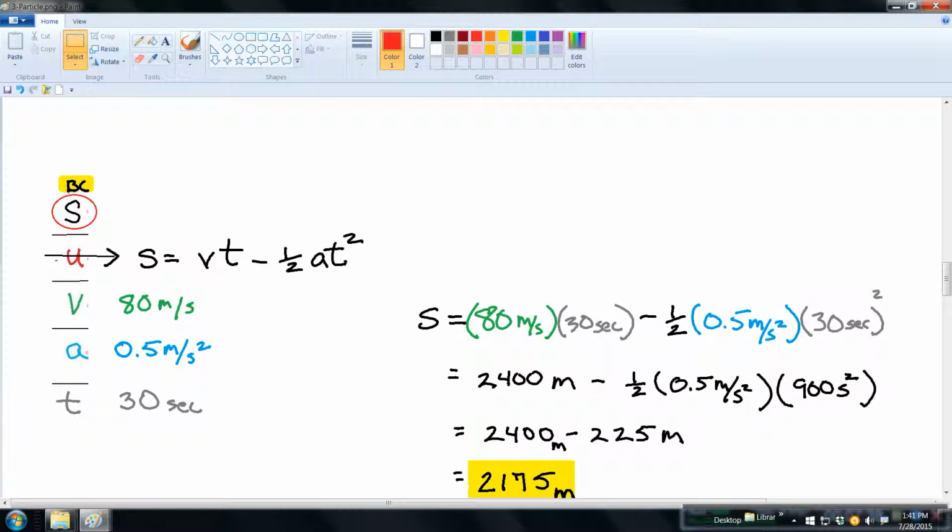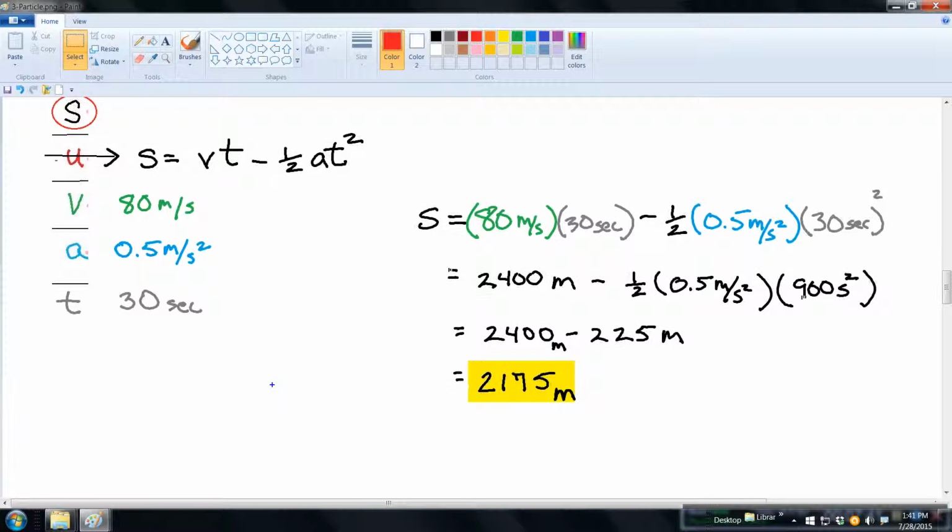So we're using the second one, and we're going to fill in the information that we have. We've got final velocity, we've got time, and we're solving this for the displacement of BC. We've got acceleration, and we've got time squared.